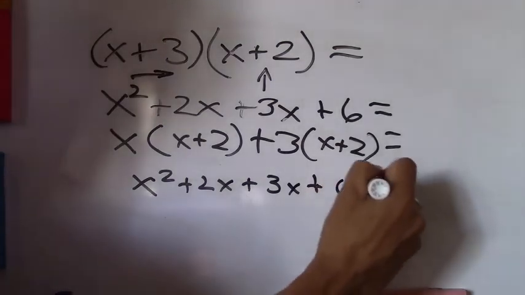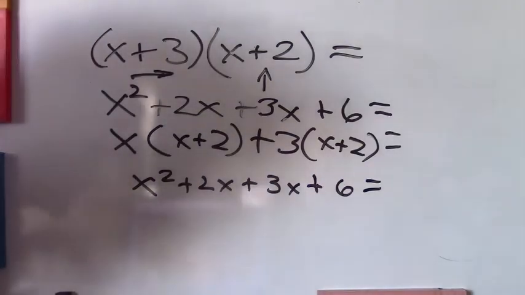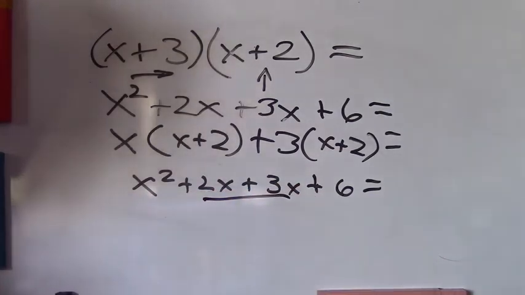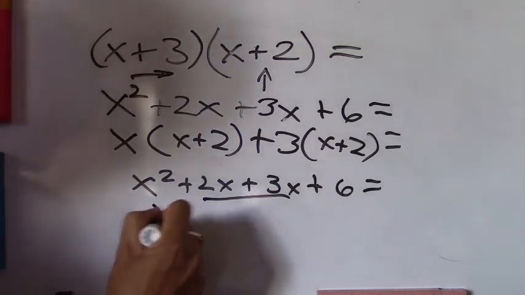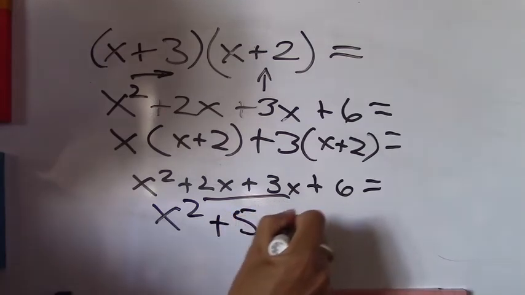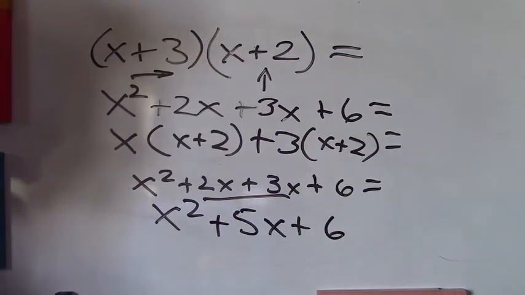And again, one of the things they were talking about is combining like terms. We only add stuff that's the same. Concept number 2. So we have any like terms here? Yes. So the long way about it is x squared plus 5x plus 6, what we finally get.